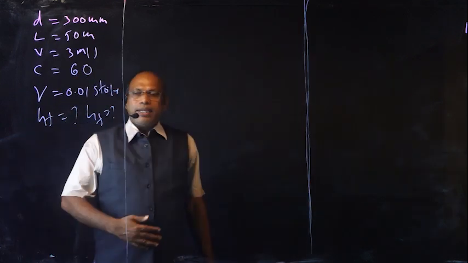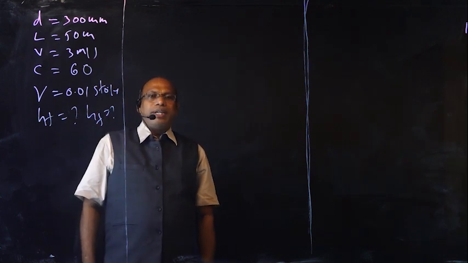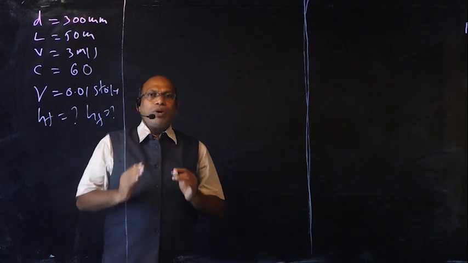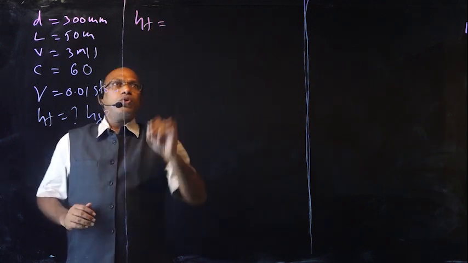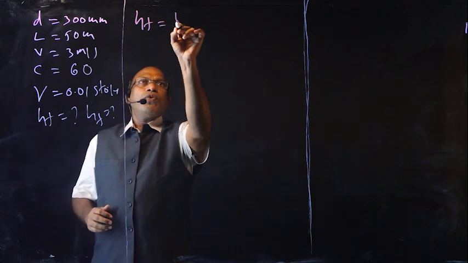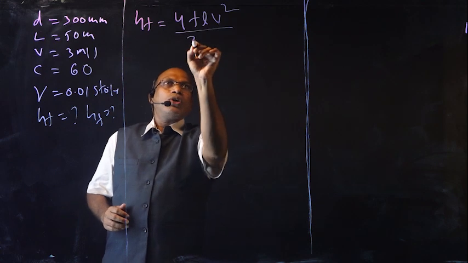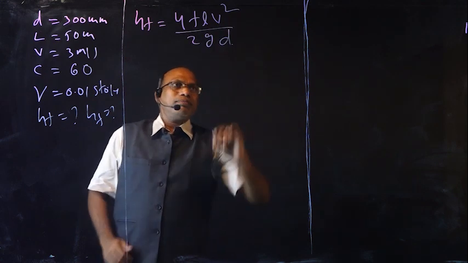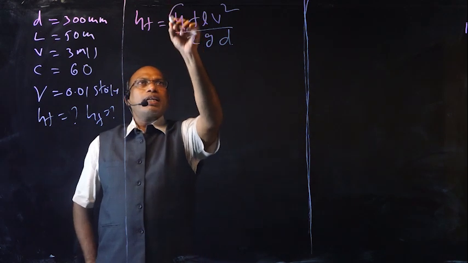Right, for the determination of head loss due to friction in Darcy's formula, we know one standard formula, that is hf, head loss due to friction, hf is equal to 4fLV square by 2gD. This is the standard formula. Here 4 is the numerical value.